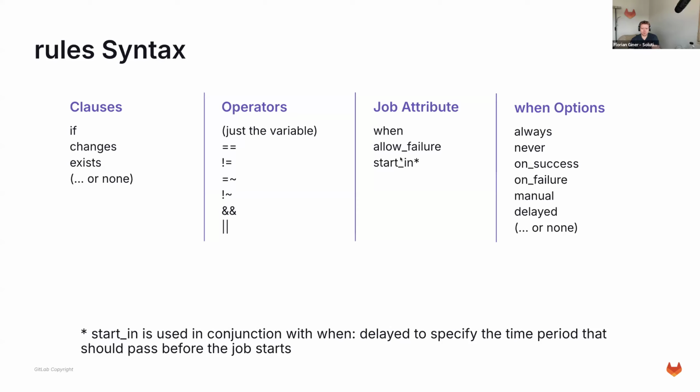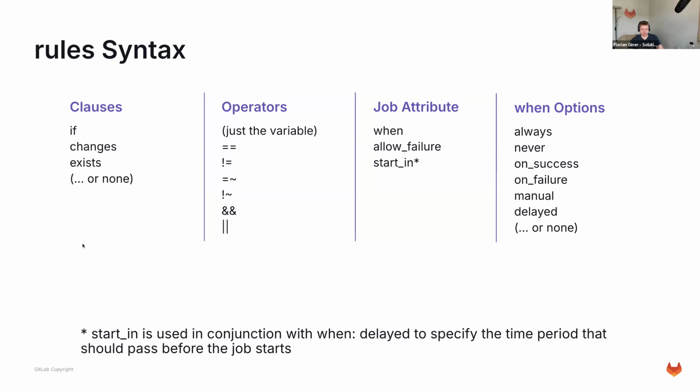We can use these keywords to build conditions. We have equals, not equals, regex matching, and also and, or. Then we also have job attributes. For example, you can use when, so this job should be executed on success, on failure, or you can also make it manual.